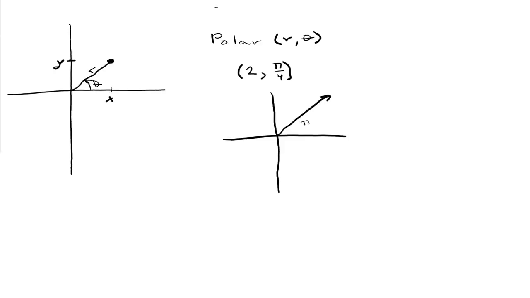Pi over 4. And then I would count out 1, 2 on that line. So there is the point 2 comma pi over 4. So graphing points is easy as long as you can locate the angle. For some of you that may mean turning it to degrees, that's fine.